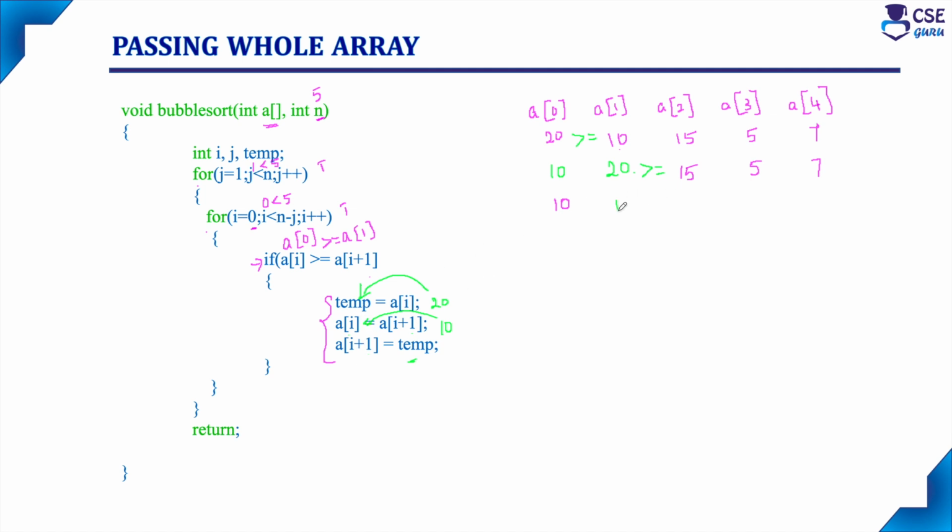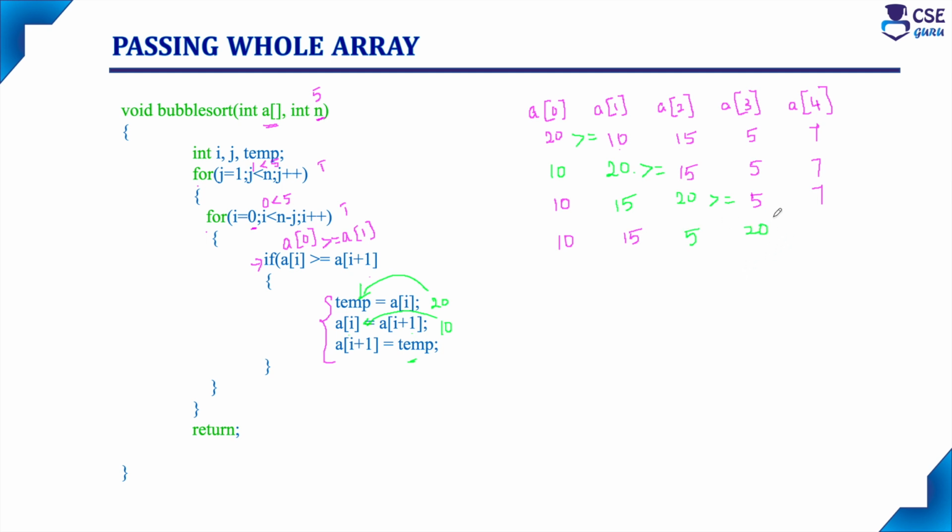Okay. So now 15 and 20 will get exchanged, and the remaining elements will be as they are. And in the next iteration of the inner for loop, i gets incremented to 2. Okay. So now the first two elements will be as they are. Now we have to check the third element and fourth element: if A of 2 position element is greater than A of 3, then exchange those two elements.